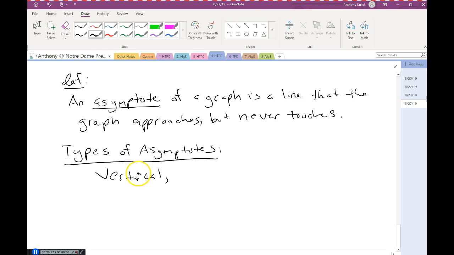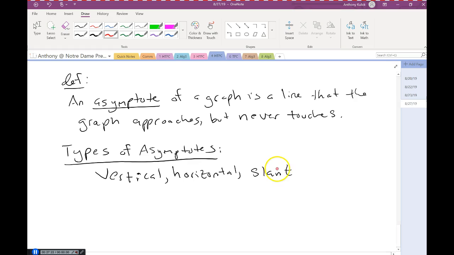What else? Horizontal, there you go. And there was one more type we mentioned. We didn't spend a ton of time on this third type, but you saw it in second semester of Algebra 3-4. Ben? Yeah, slant asymptote or oblique asymptote. Those two terms get used kind of interchangeably.